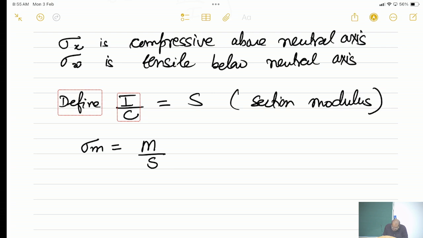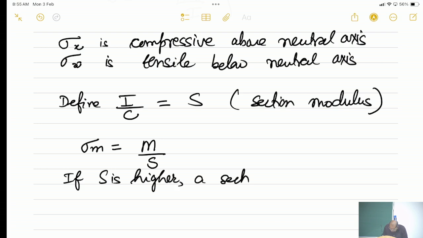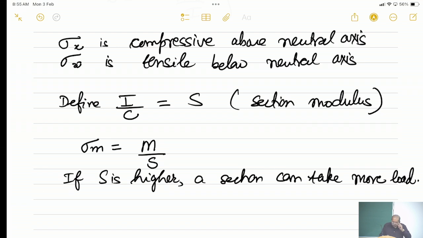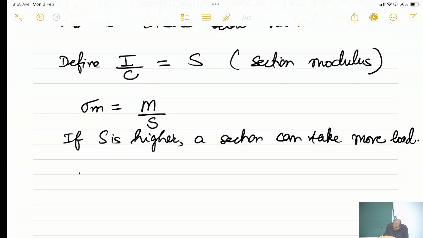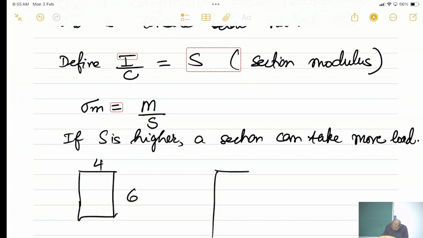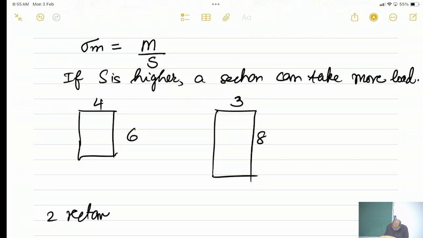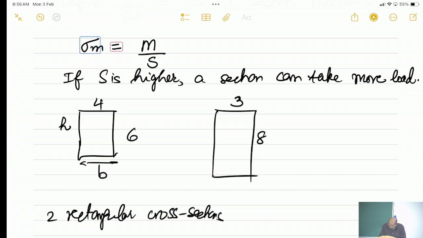A section can take more load. An example is, suppose we have two rectangular cross sections.